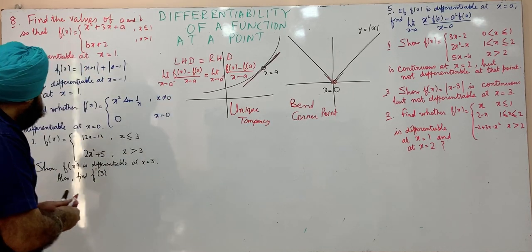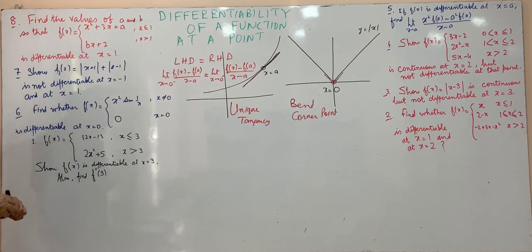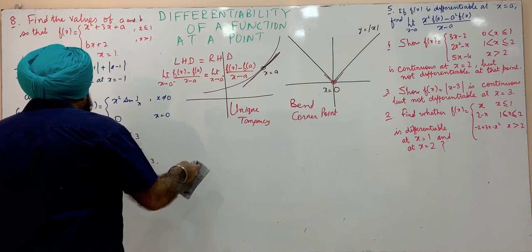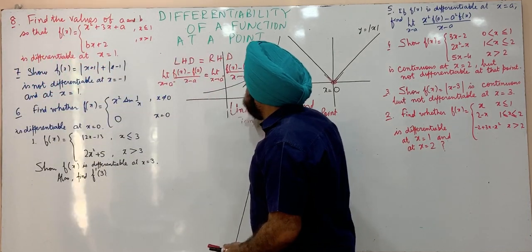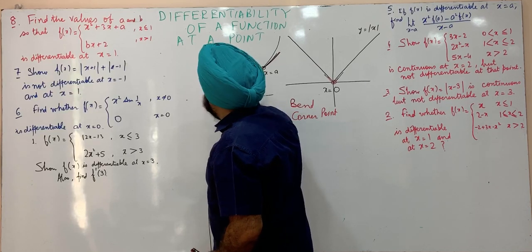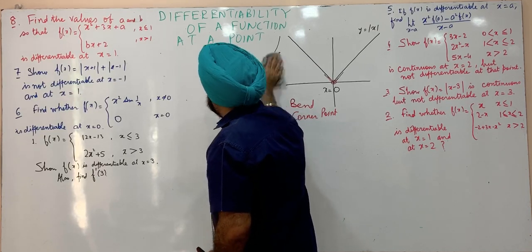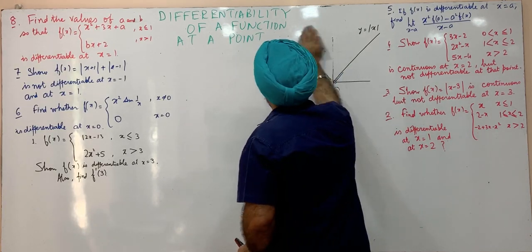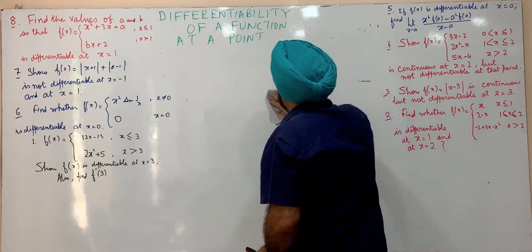So let's start with the first question. F of x here is a piecewise defined function. For x less than or equal to 3, it's 12x minus 13, and when x is greater than 3, it's 2x square plus 5.